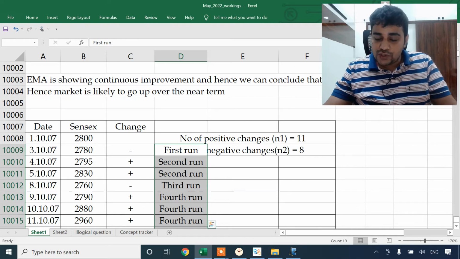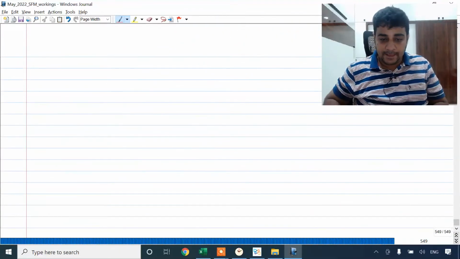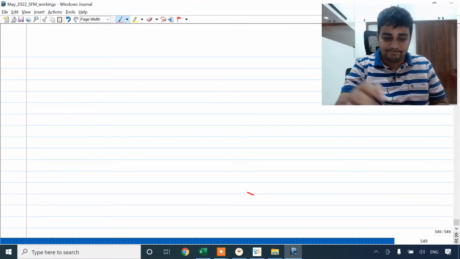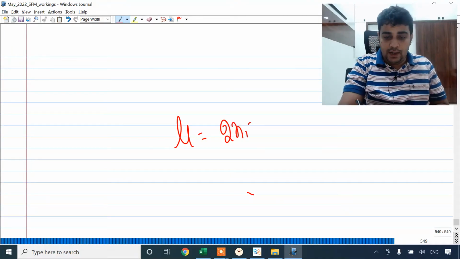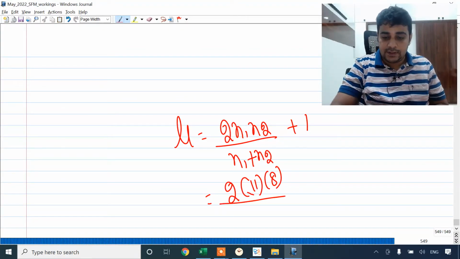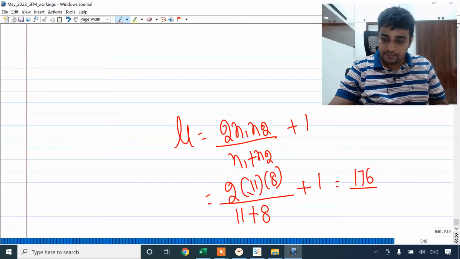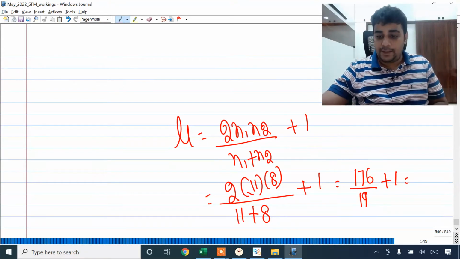For average, we take the formula 2n1n2 divided by n1 plus n2, plus 1. 2 into 11 into 8, divided by 11 plus 8, plus 1. That is 176 divided by 19, plus 1.